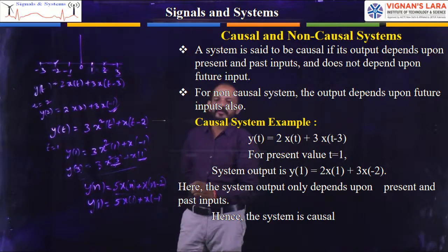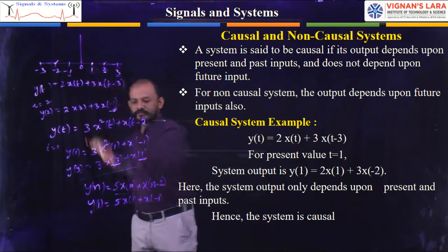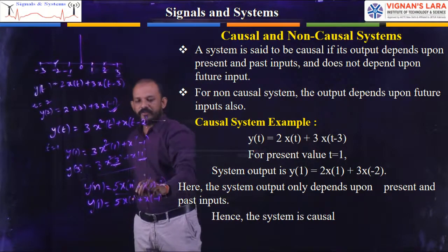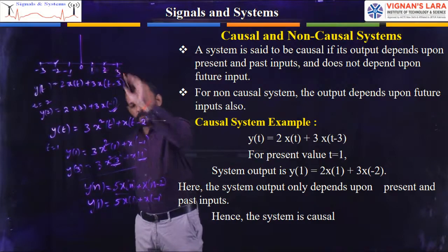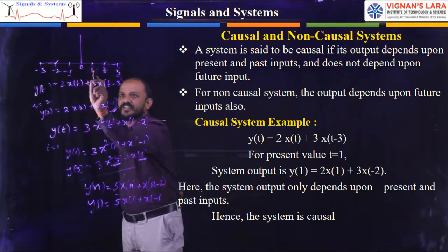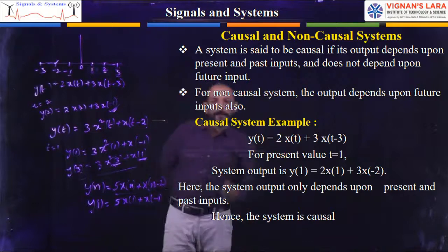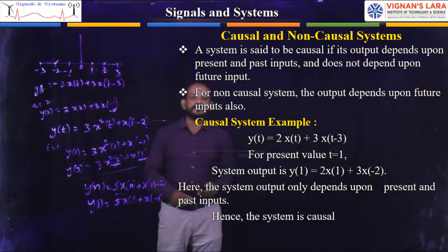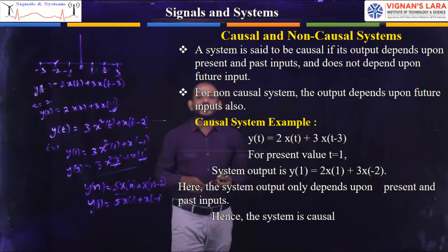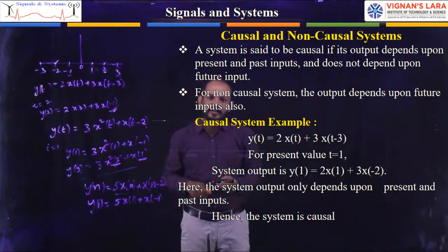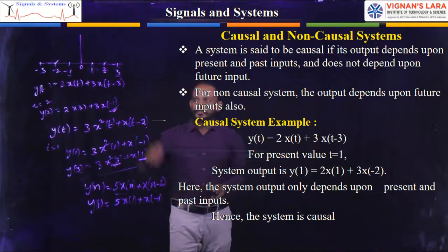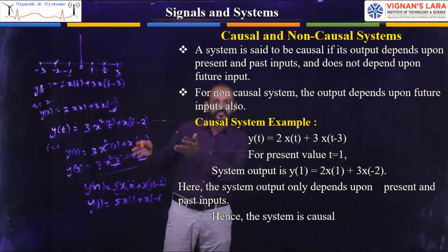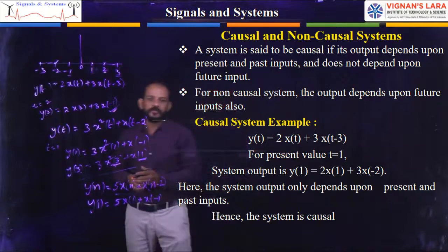See, at 1, in the output, 5 into x of 1 is the present input, and x of minus 1, with respect to 1, the minus 1 is a past. So here the output depends on present and past values. Hence I can say that system is a causal system. Clear? So this is the explanation regarding the causal system with respect to continuous time variable and discrete time variable.